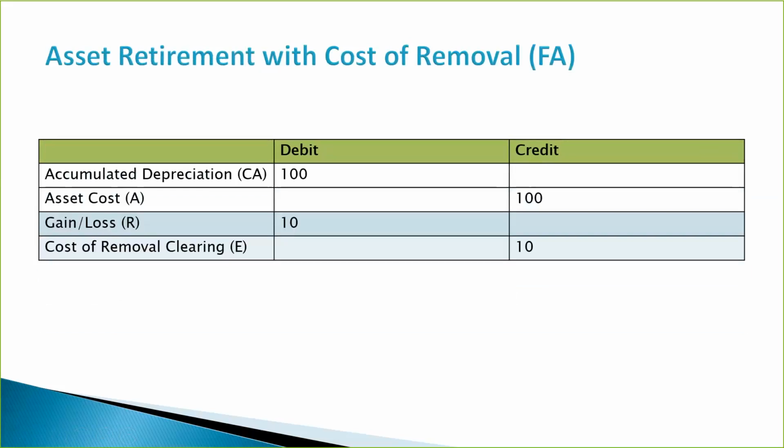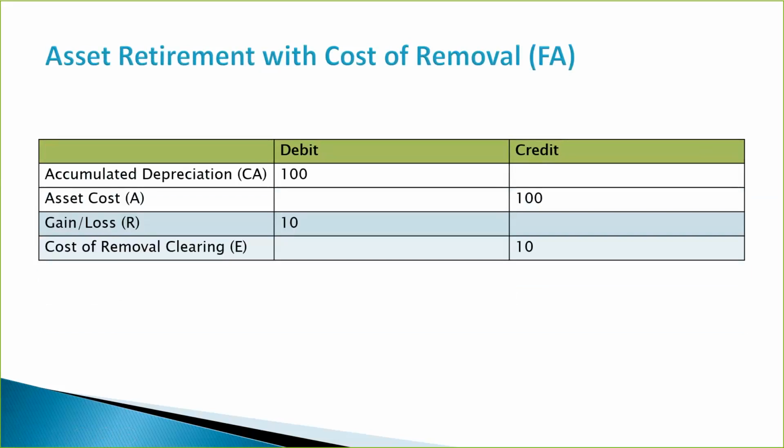Cost of removal, of course, means it's a retirement that's taking place in FA because you're removing this asset and therefore you're taking it off your books. Let us assume in this case we're just retiring the asset and disposing of it.